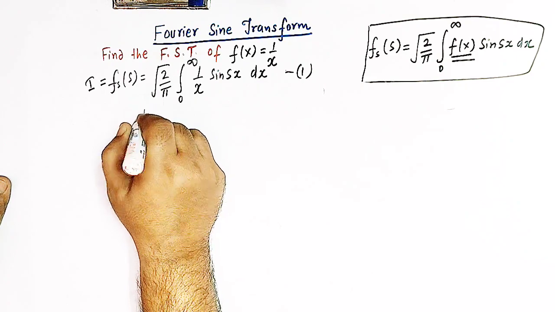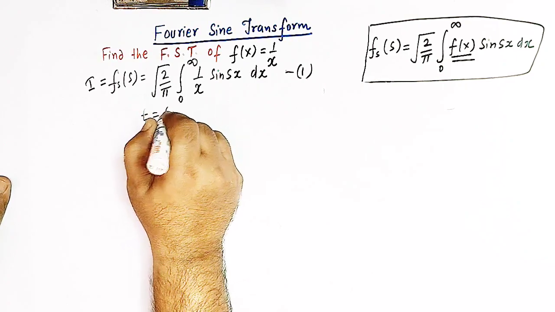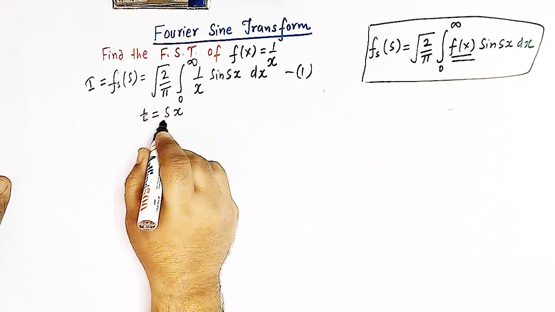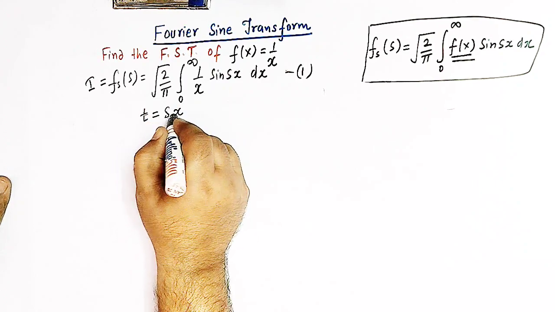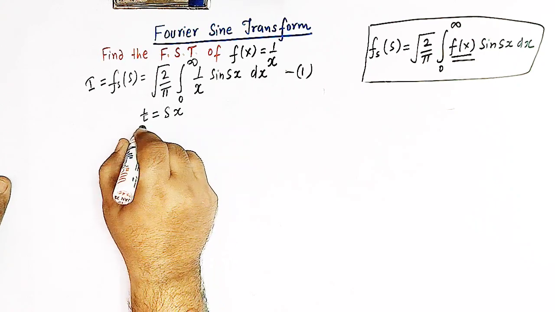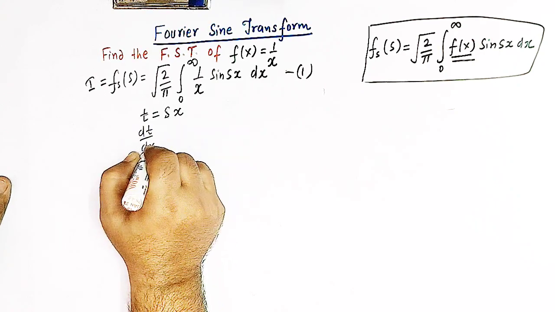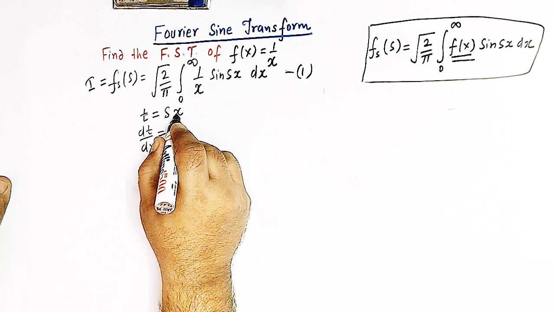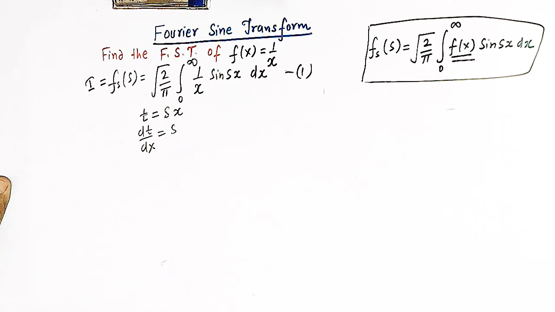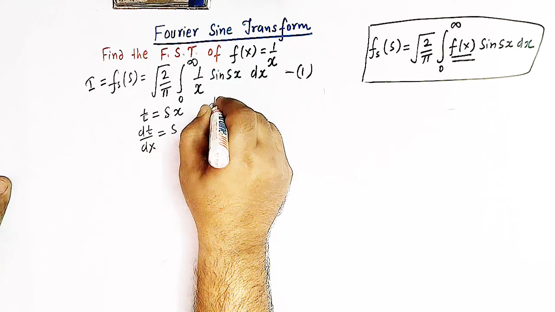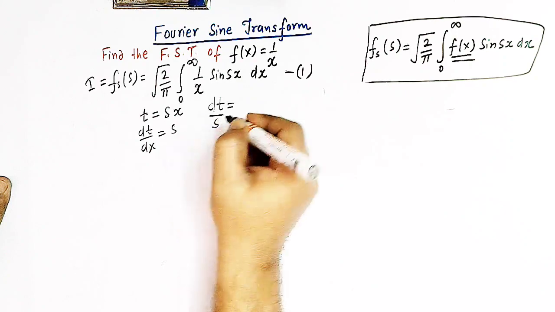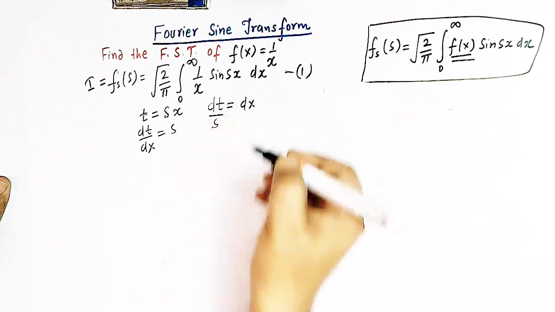Let us take t is equal to s times x, right? So here I will make this substitution. So we have t is equal to s times x, so dt over dx is equal to simply s, because the derivative of x with respect to x is 1. So now we have dt over s is equal to dx.